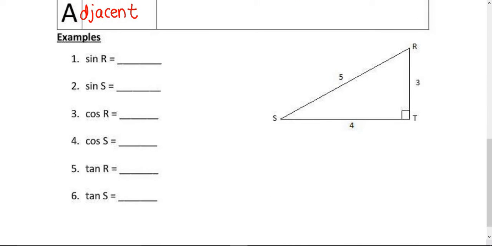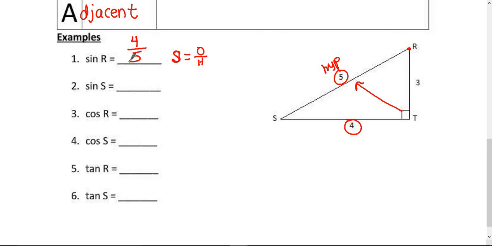So if we have to find the sine of R, sine equals opposite over hypotenuse. Okay, so we go to R, and the opposite side is 4. So 4 goes on top. And then hypotenuse, this is always across from our right angle, is 5.